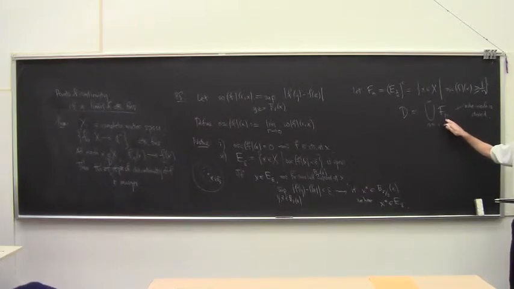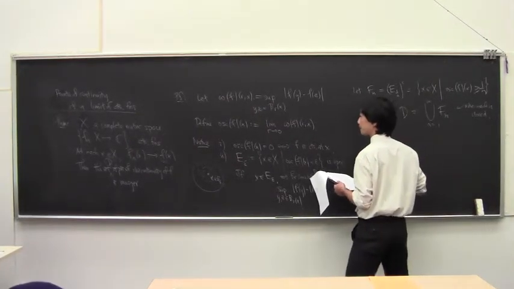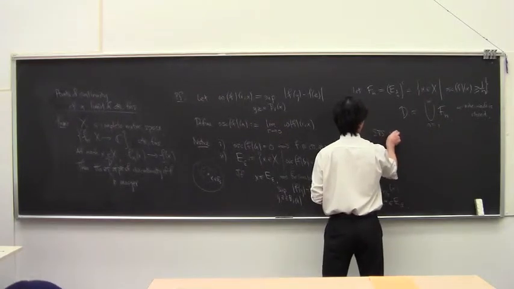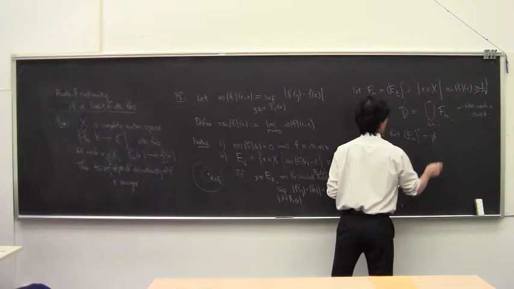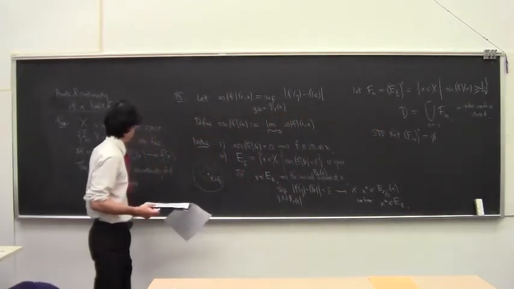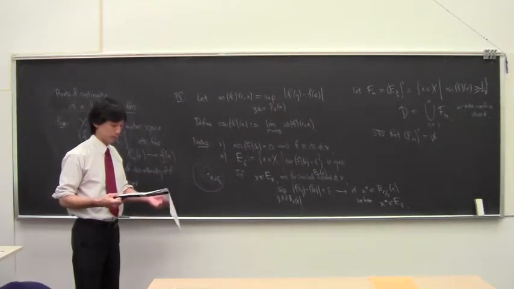Right. So that is that the interior is empty. So it suffices to show that the interior of each guy is empty, because then we'll have expressed the set of points of discontinuity as a union of nowhere dense sets.